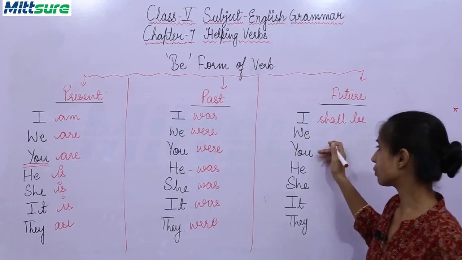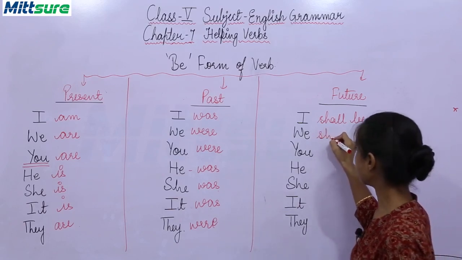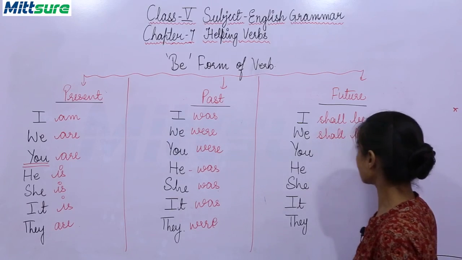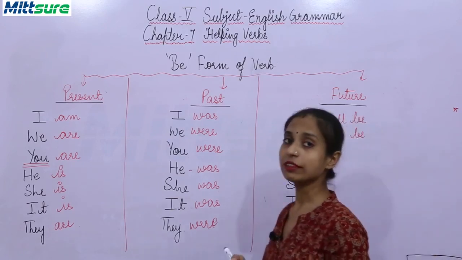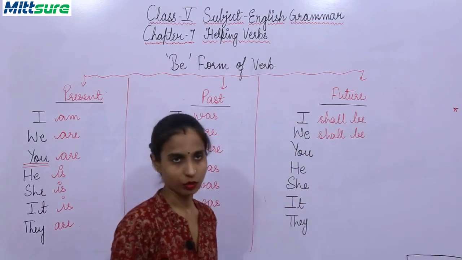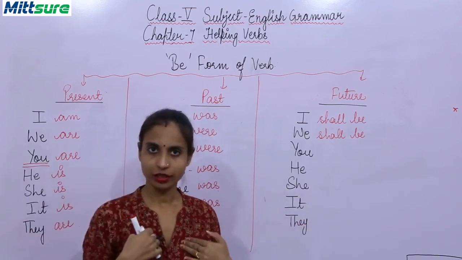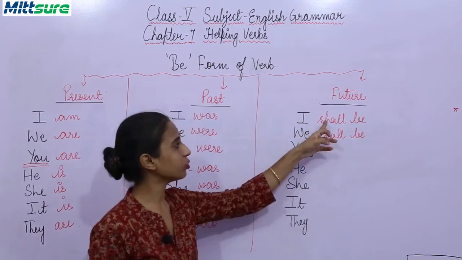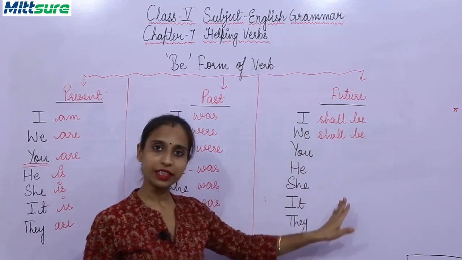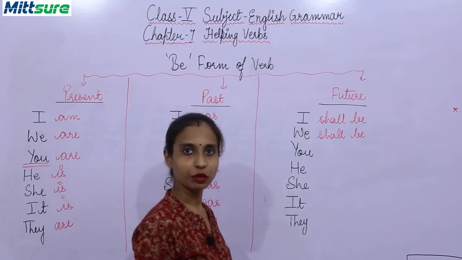With we also we use shall. That means it is a traditional rule, children, with the first person pronouns, that is I and we, we use shall, and with the rest of the pronouns we use will.